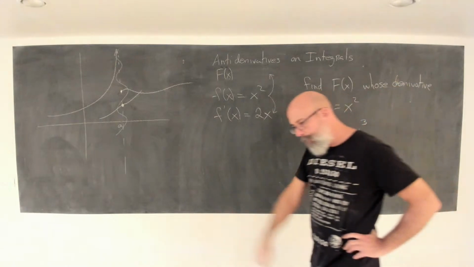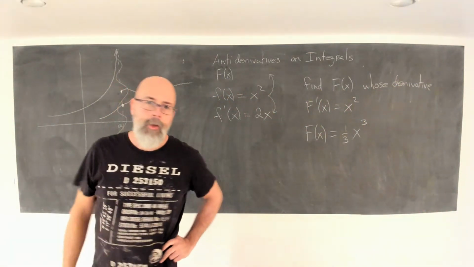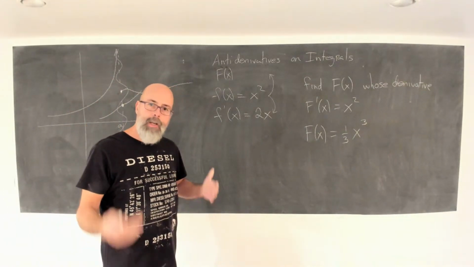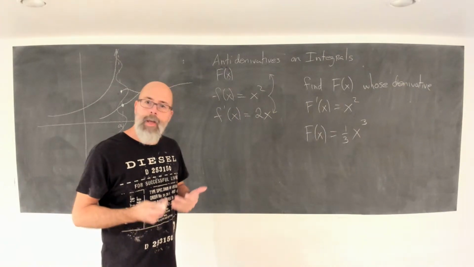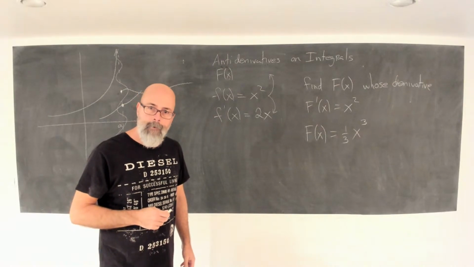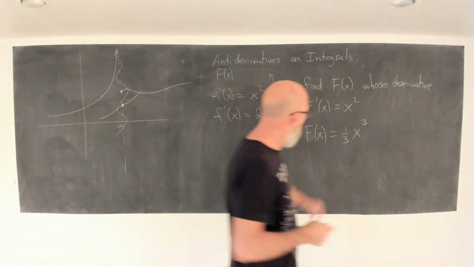But now let's think back to the mean value theorem. One of the implications of the mean value theorem was that if two functions have the same derivative, then they had to differ by a constant to begin with. And you know the derivative of a constant is 0.